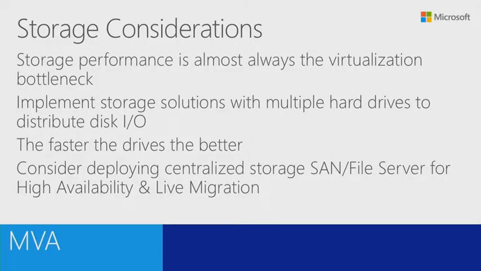Key thing to remember, I touched on this earlier, but this is absolutely a bedrock principle, is that storage performance is almost always the virtualization bottleneck. Very often someone will ask me, should I get the 2 gigahertz processor that's got 4 cores, or the 2.4 gigahertz processor that's got 4 cores?